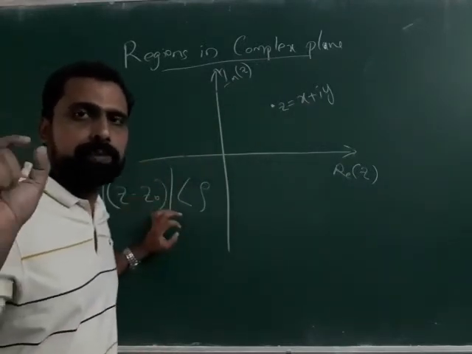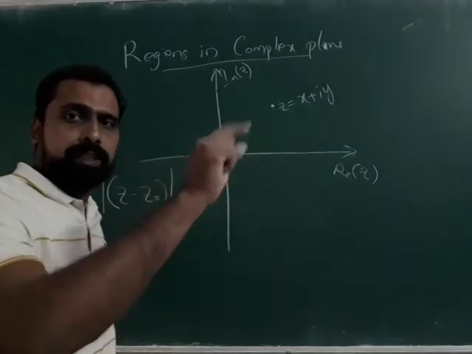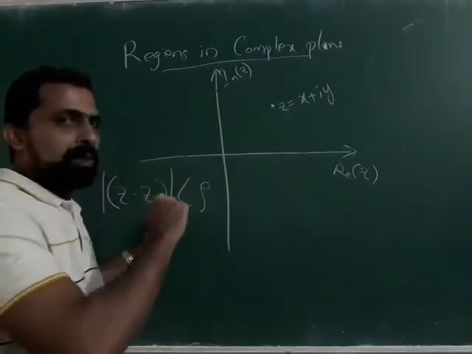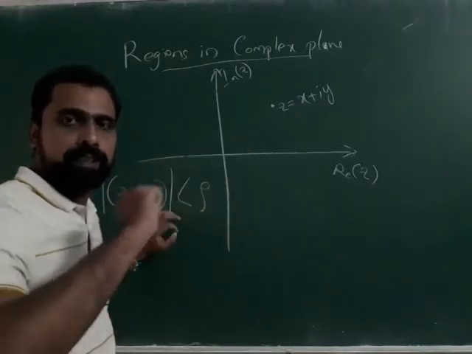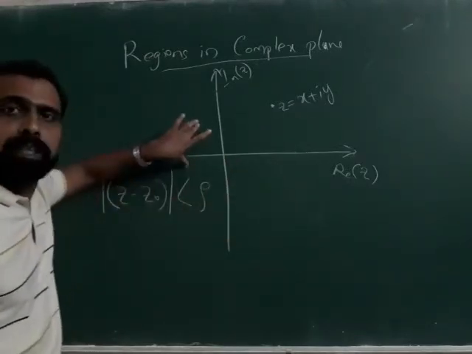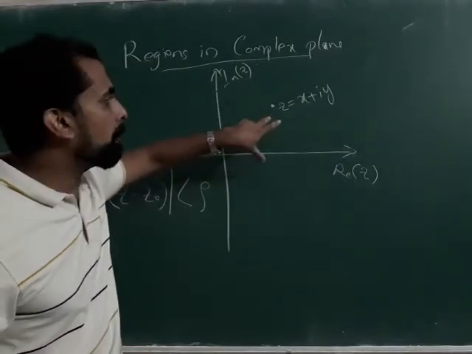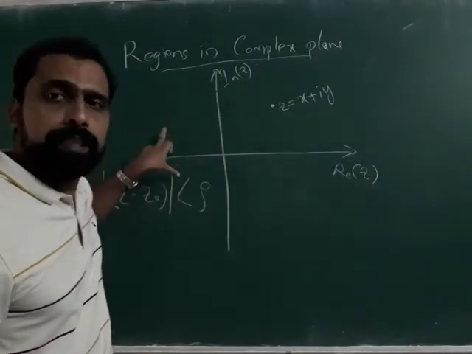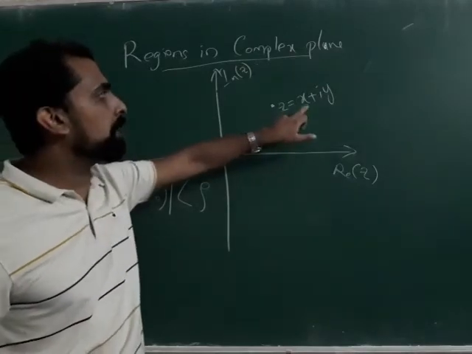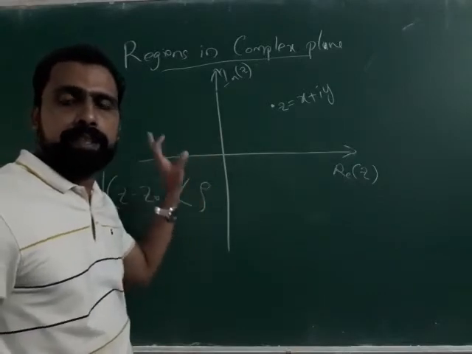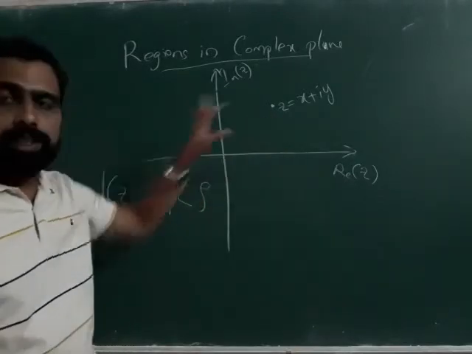Because in the real case we have a real axis, only one single line, and whatever points there are will come on that line, like a one-dimensional case. Here it is a plane, and the points on this plane depend on x and y, that means on the real and imaginary values of this z.